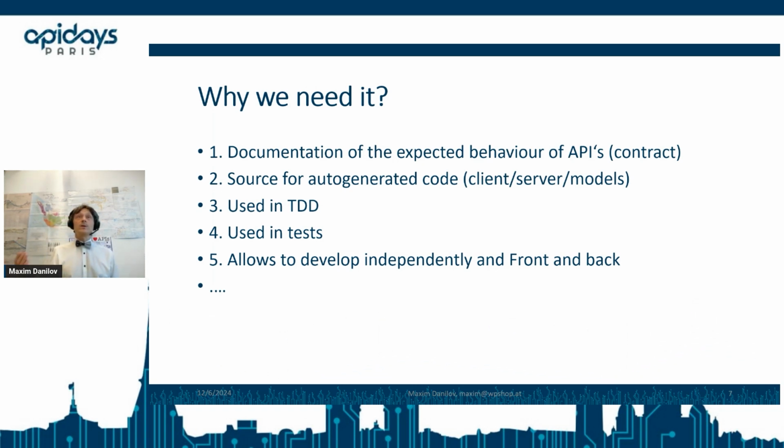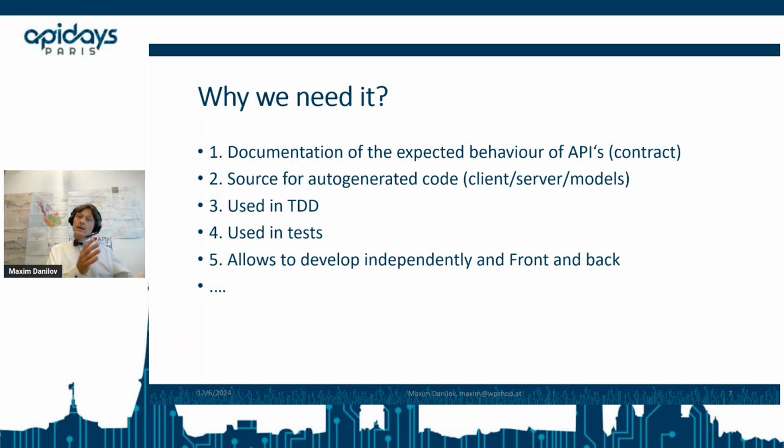We need it because we can document the expected behavior of APIs, in other words, we can document the contract between client and API. And second, we can use OpenAPI documentation as a source for auto-generated code.